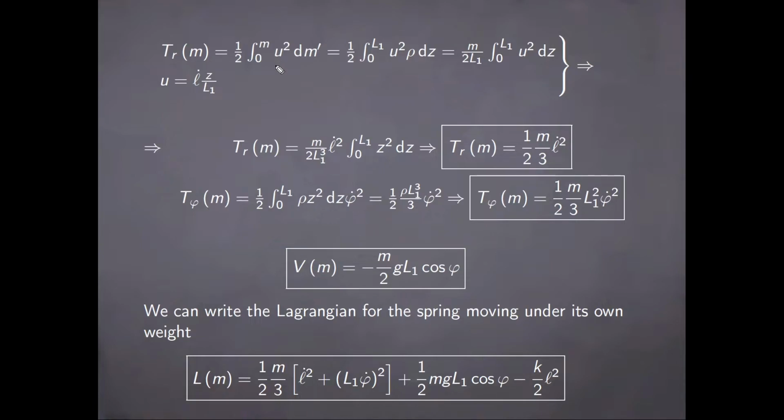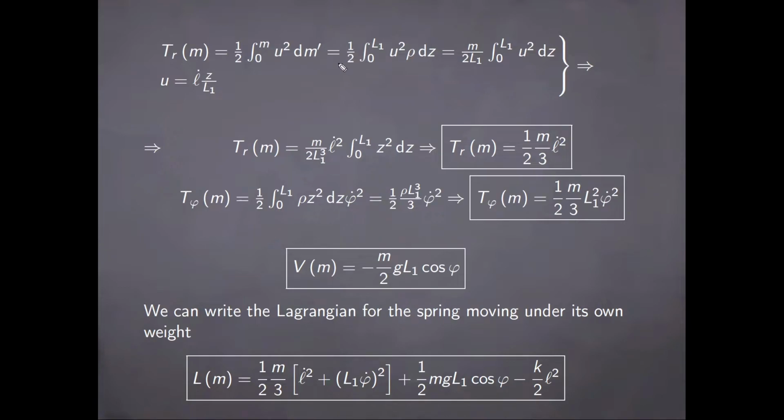So the elements towards the free tip of the spring tend to oscillate faster than the elements towards the attachment point. So I need to take this squared velocity and integrate it over the total mass of the spring, assuming that it varies with each mass element.